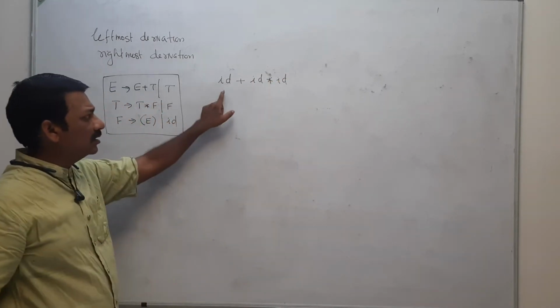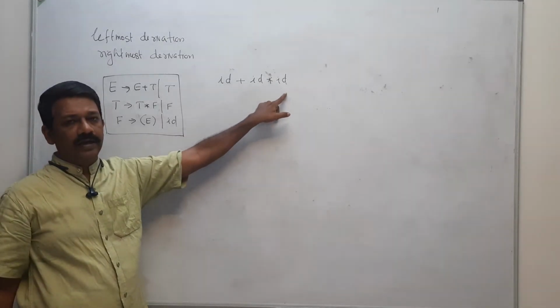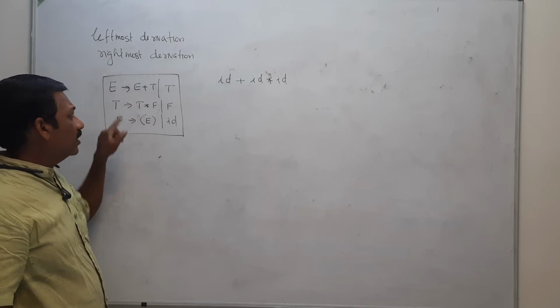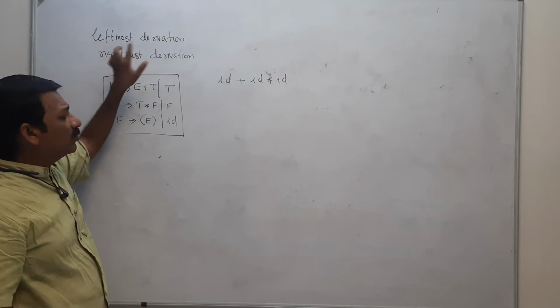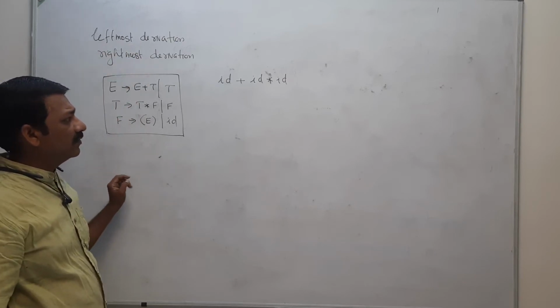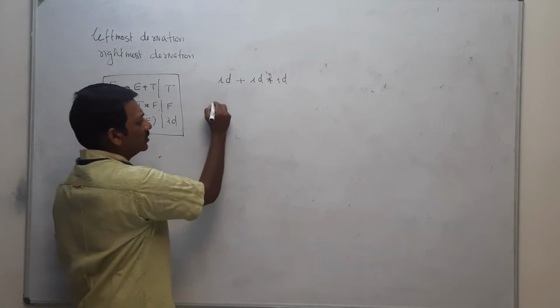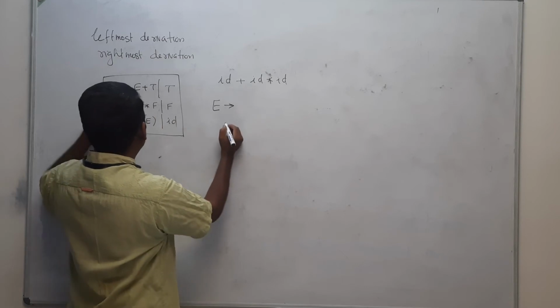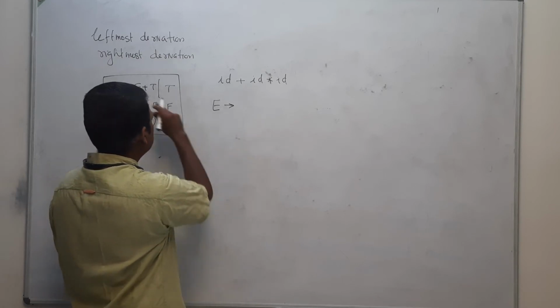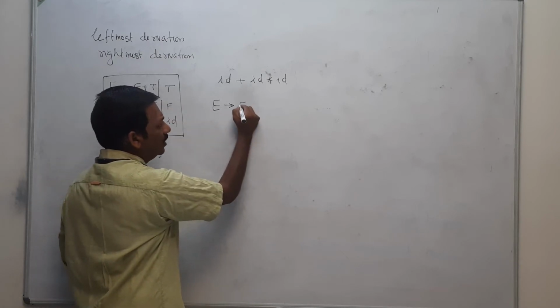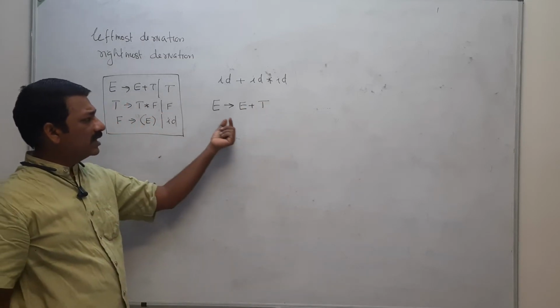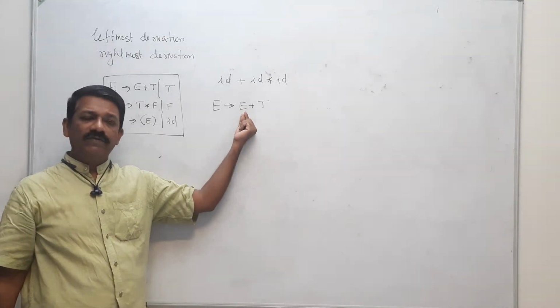The start symbol is E, and if you are using leftmost derivation, suppose that I am starting with E. From the start symbol there is only one production: E derives E plus T.